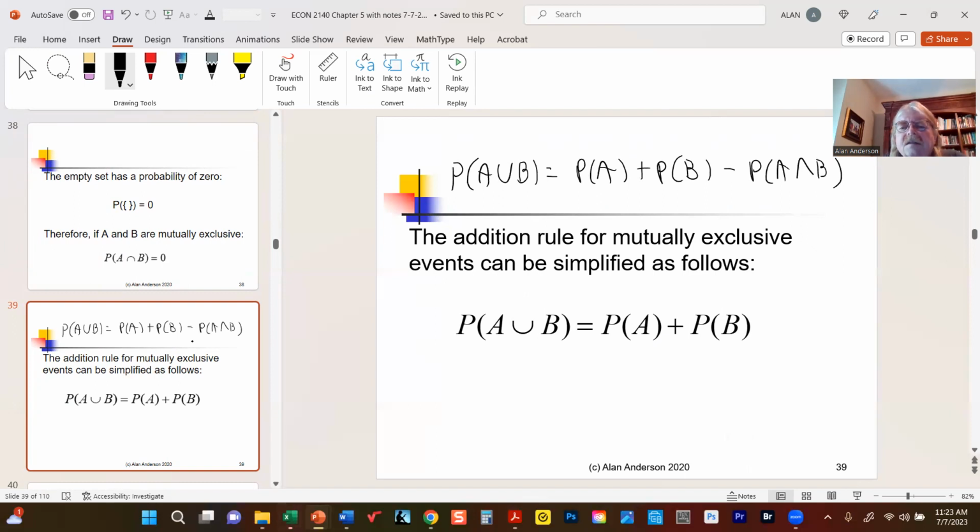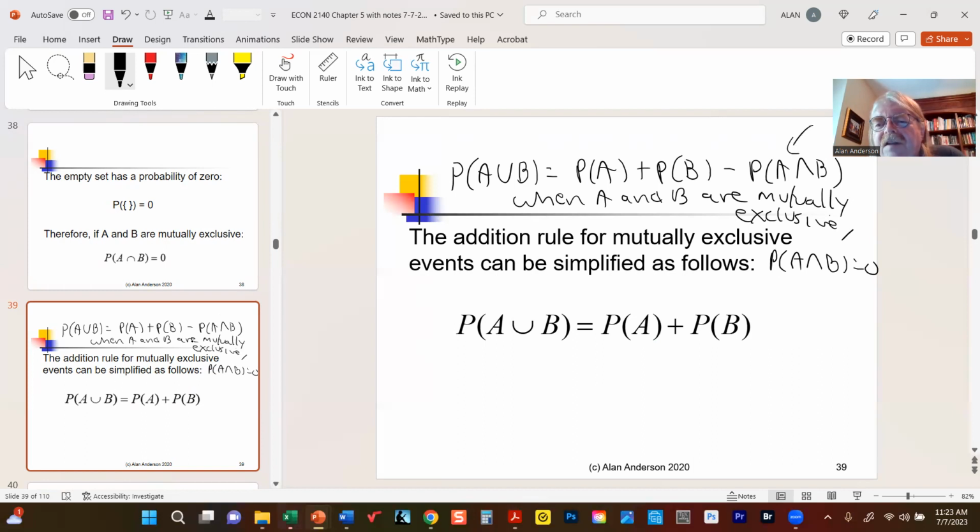Oh, so when A and B are mutually exclusive, the probability of them both being true is 0. So that means I can drop that out of this expression and I end up with the so-called simplified addition rule.